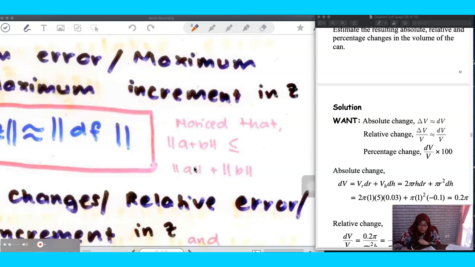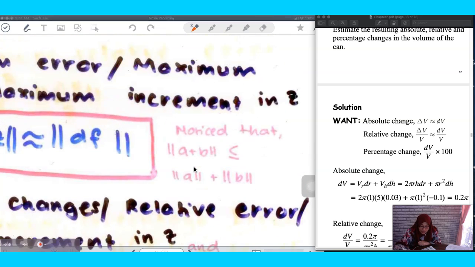What I want to say here is, let's say after you compute and substitute the value, you will have A plus B in absolute sign. Then you compute A, you get, let's say, 1, and then you compute B, you have minus 2.